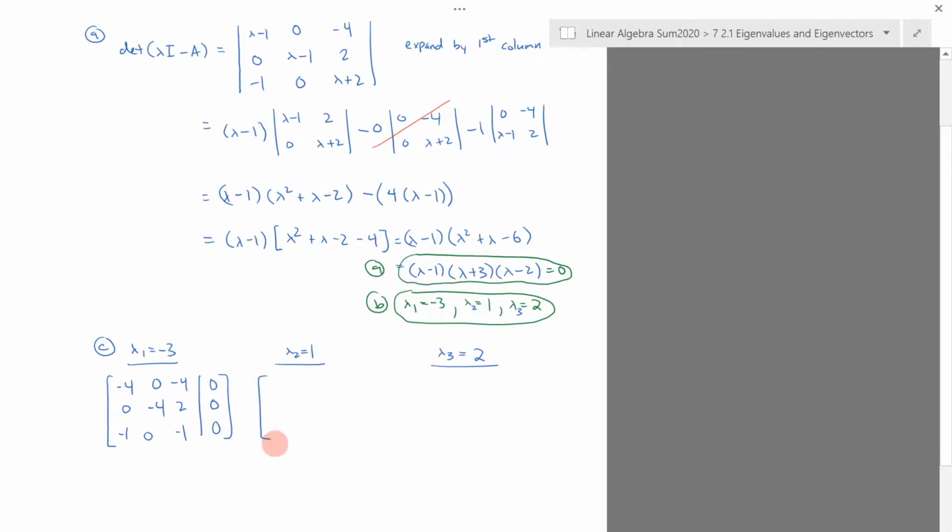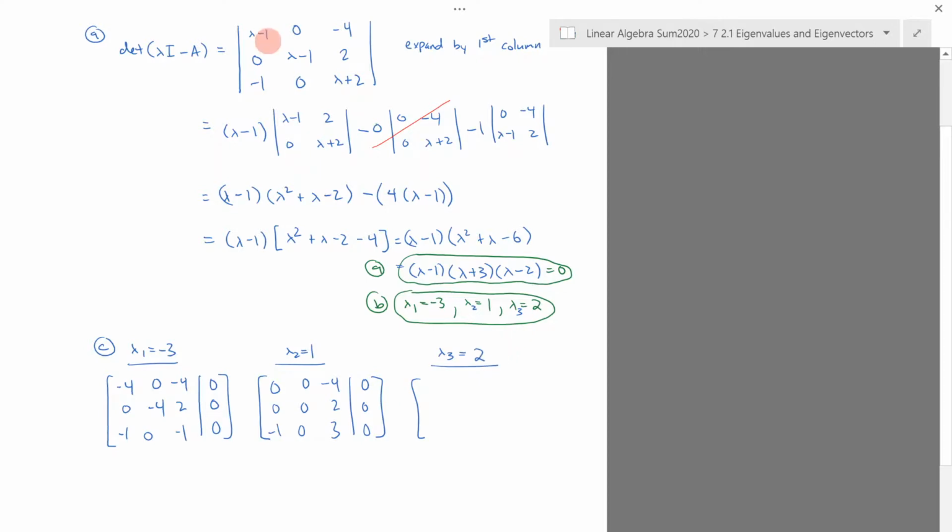And then here, the eigenvalue is 1. So I plug in 1. So this is 0, 0, 3. These stay the same. Augment all zeros. And finally this one I plug in eigenvalue 2.